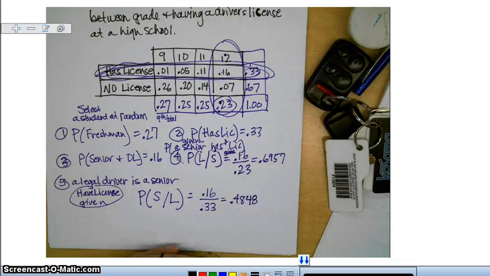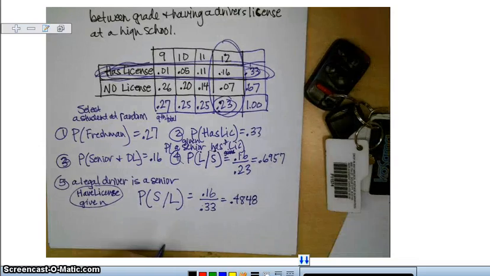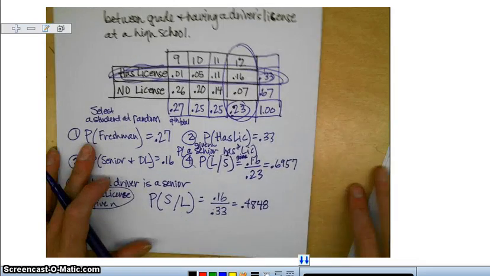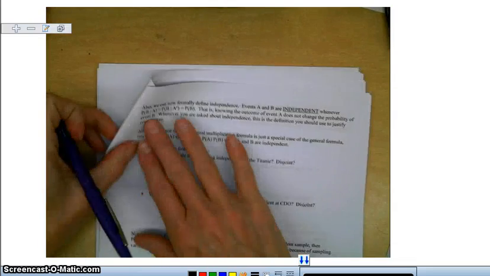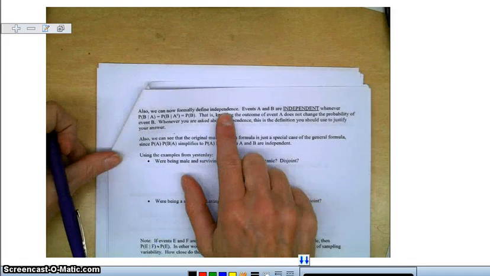All right, so that's just an example, kind of reviewing the same type of thing from the Titanic example in the last video. Now we're going to jump back to the notes, and we're going to talk about something called independence. We can also formally define independence.